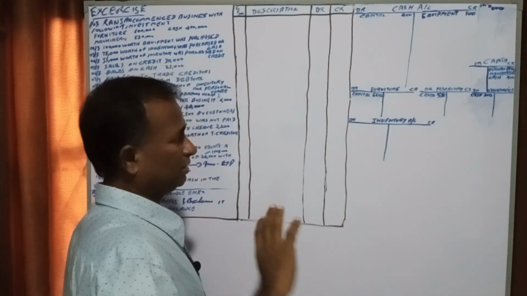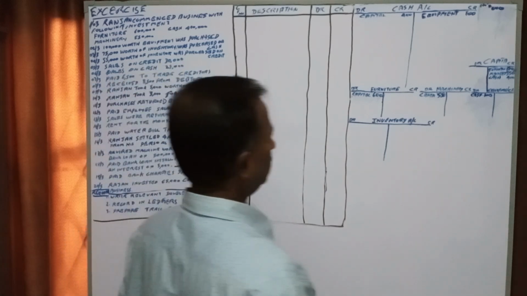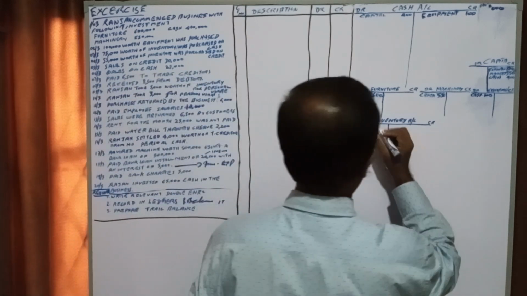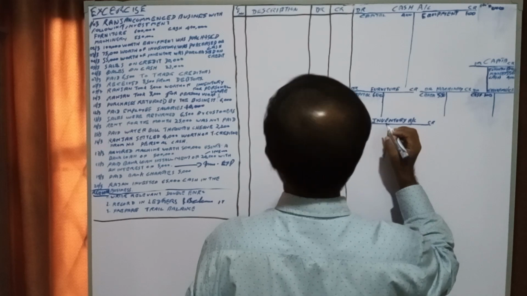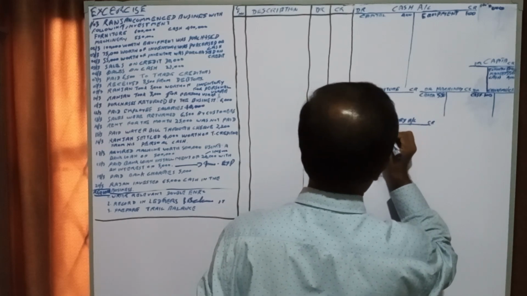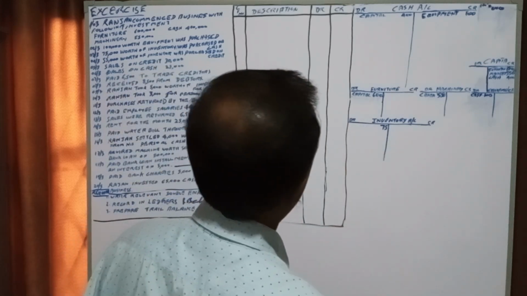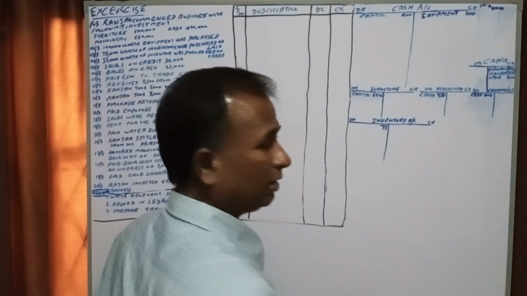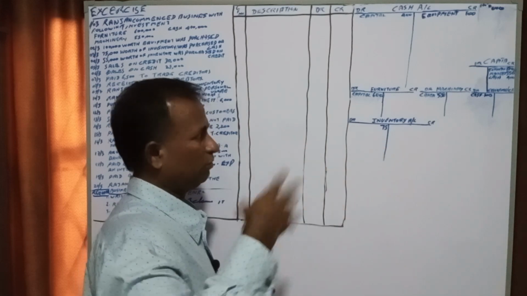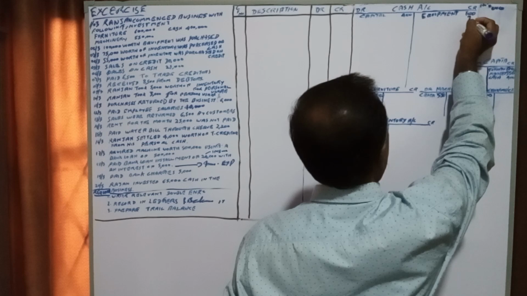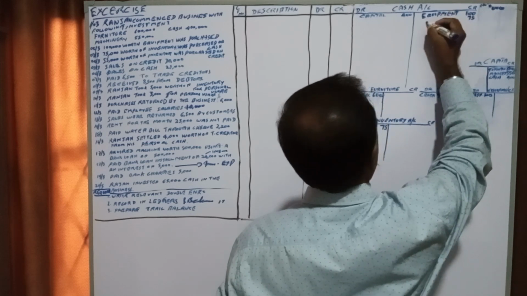Inventory is an asset and it is increasing, therefore you debit inventory with 75,000, all in thousands. You are paying cash for that, so you credit cash by 75.